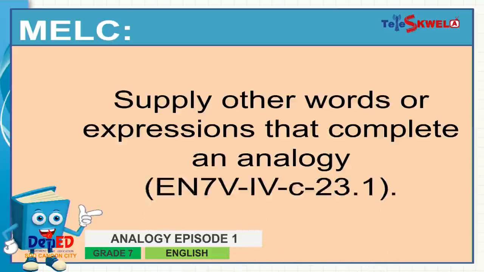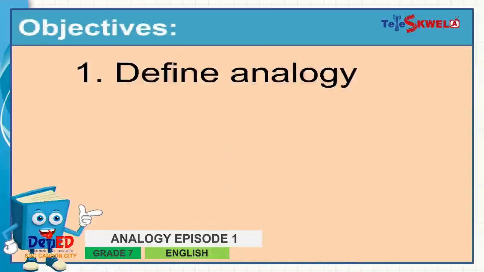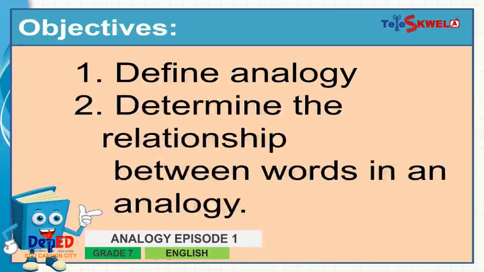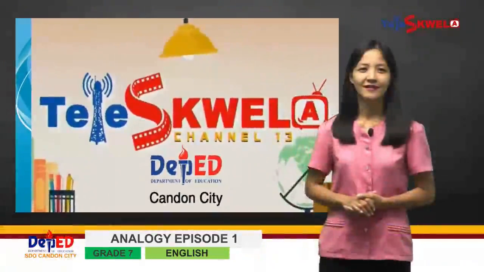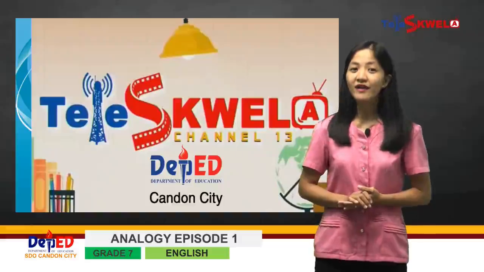In today's episode, you are expected to meet the following objectives. Number 1, define analogy and determine the relationship between words in an antonym and synonym analogy. In order for us to meet the set objectives, we are guided with the following questions.